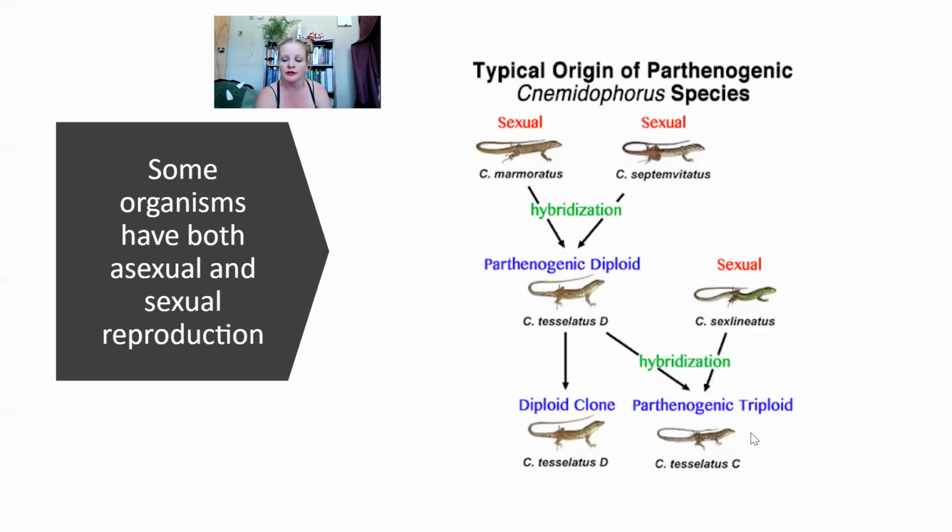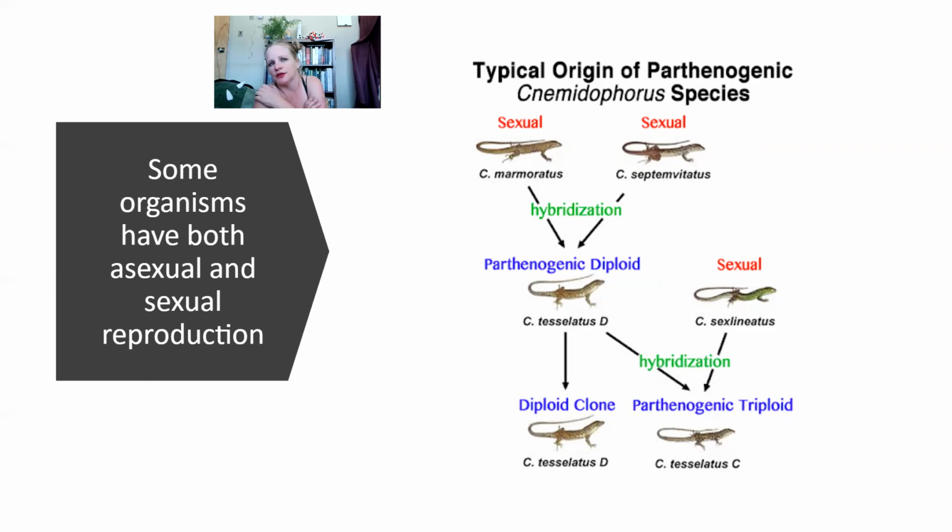And now we see a parthenogenic triploid. So here we have an organism that has 3 copies of each chromosome. But how do you split up chromosomes?